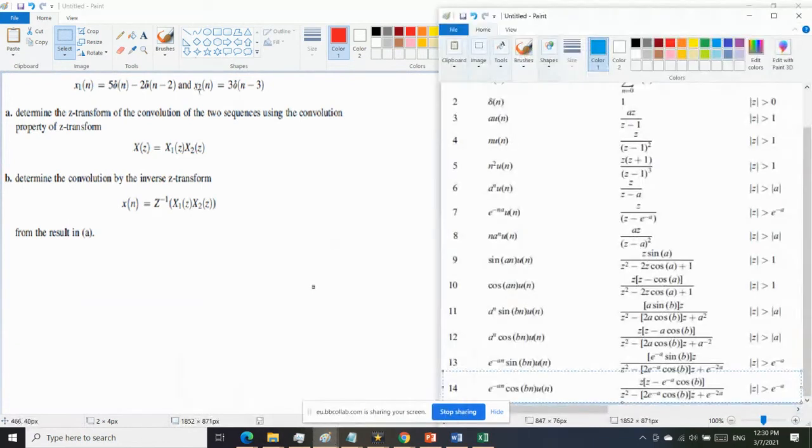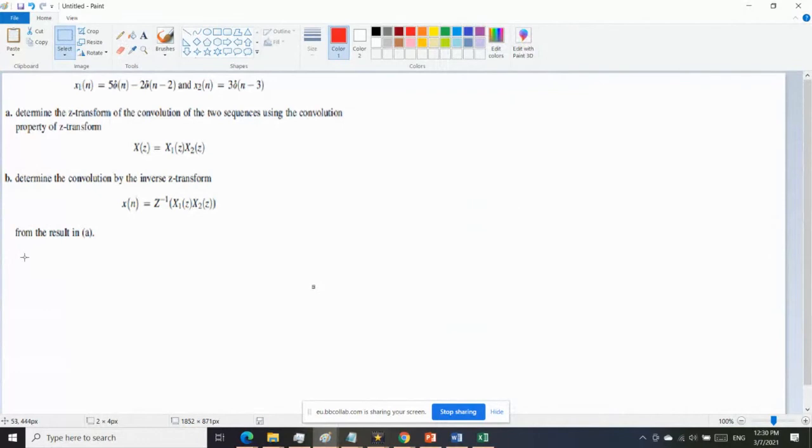Alright, what I have here is a linear combination of two delta functions, delta n and delta n shifted. So delta is 1, and when you shift it you multiply it by z to the power of the shift.